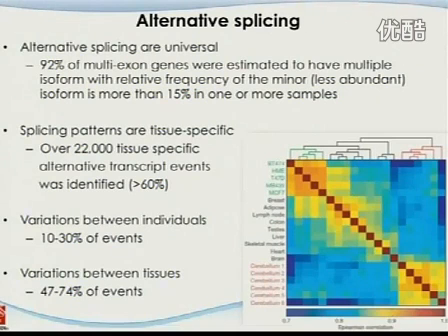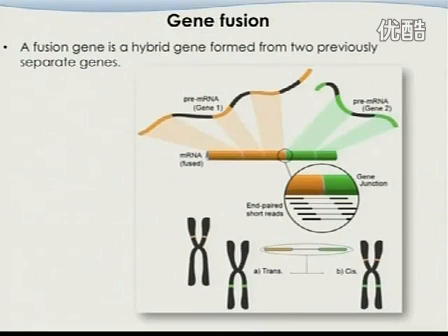So this is another paper using an RNA sequencing experiment that, for the first time, lets us understand how diverse our transcriptome is in terms of alternative splicing. Over 92% of multi-exon genes are alternatively spliced.